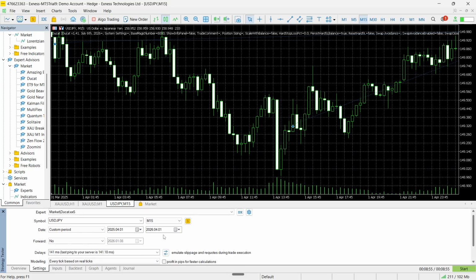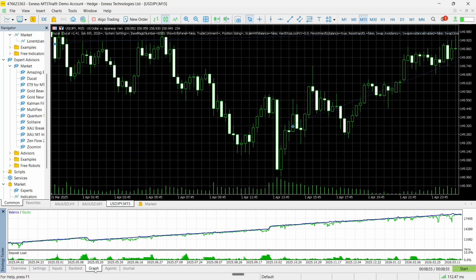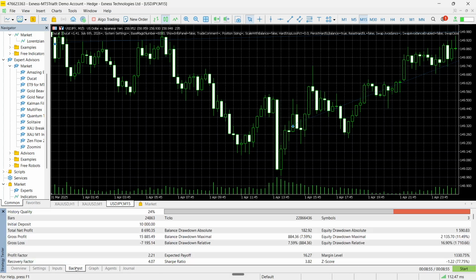And on a 10K account, my initial deposit being $10,000, the equity curve shows steady overall growth, as you can see, and the net profit was around $8,700 and the profit factor 2.21. The balance drawdown was 7.59%. However, the history quality is only 24%, which limits confidence in the modeling accuracy.